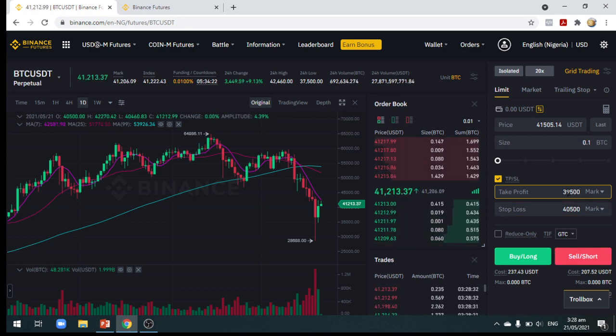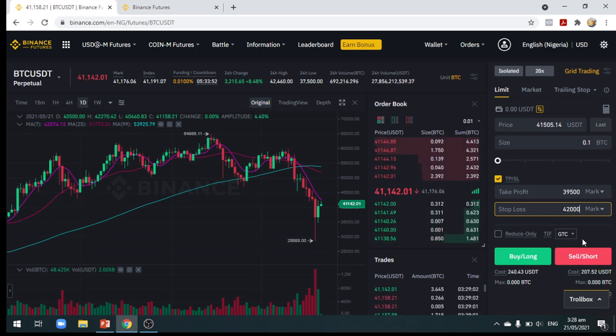So when the price falls to 39,500, your position will be closed and you take profit. But if the price, instead of falling, rises to say 42,000, then you can stop your loss at that point to avoid being liquidated. So you just stop your position, which is to sell short.